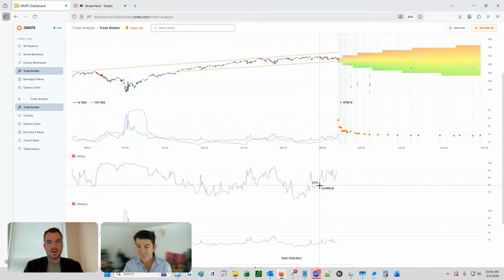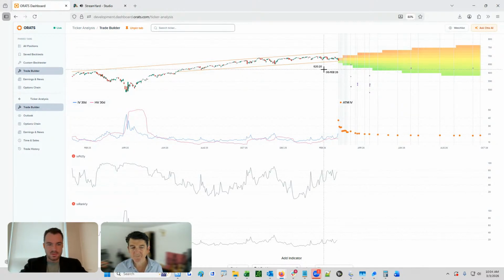Does that make sense? Yeah, so rank is more sensitive to outliers. Rank is much more sensitive to the one big outlier that it had. Exactly. Gotcha. So my theory here, I guess, is that the percentile is probably better to use in most circumstances because you don't typically want to use data sets that have a lot of outliers and are sensitive to outliers, especially in a measurement like implied volatility that can have one big outlier of a day.